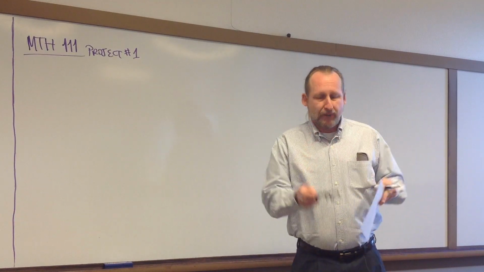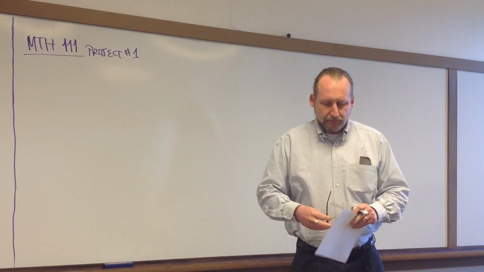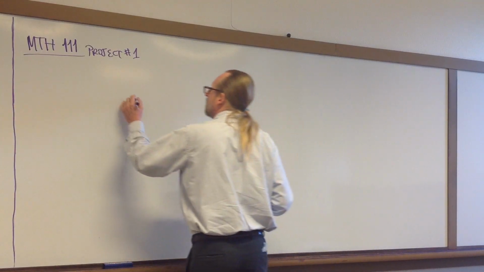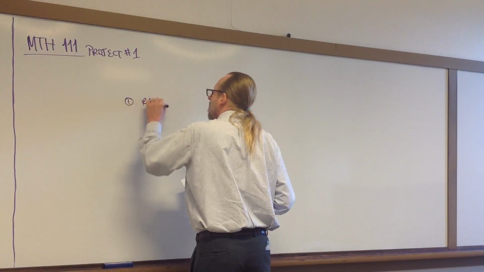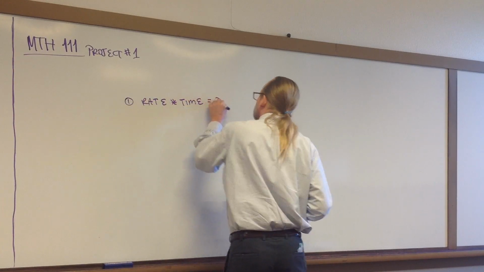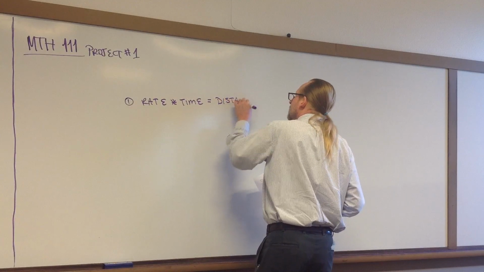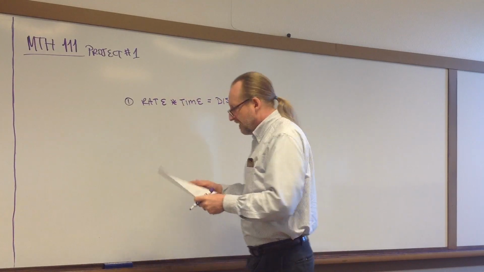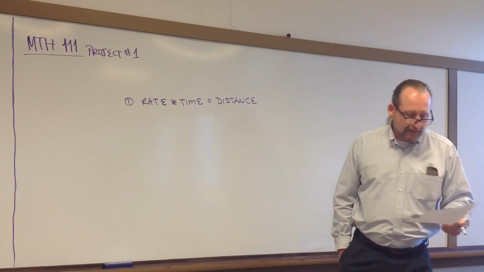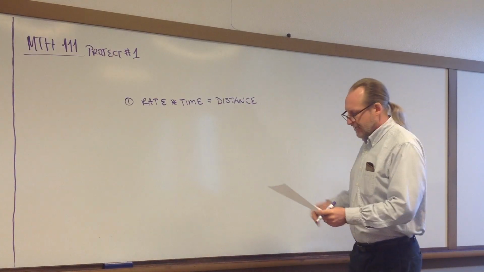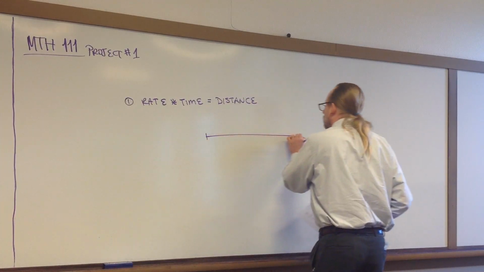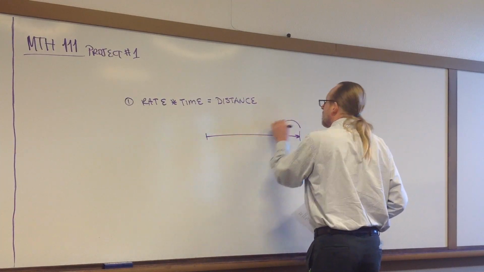Okay, so let's look at the problems themselves. The first problem is a rate, time, and distance problem. Rate times time equals distance. So in this problem, you're given some information about the rates, about the time, and about the distance. Okay? The distance each way is 276 miles.